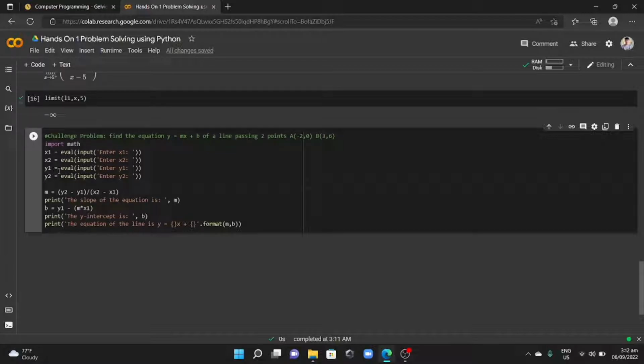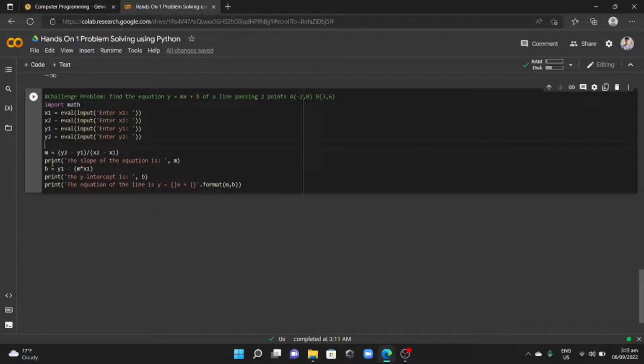And the y1 is equals to evaluate input, and we are going to enter the y1. y2 is equals to evaluate input, and we are going to enter the y2. So our formula will be m is equals to y2 minus y1 over x2 minus x1 for our m.